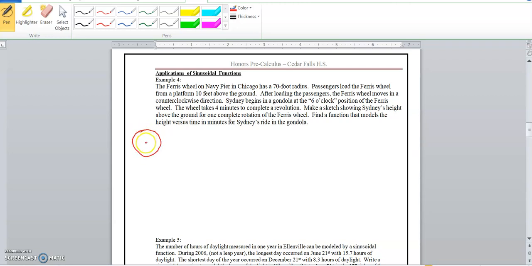Okay, this is kind of our Ferris wheel. And you know what? I better make that a little bit lower. So this distance here is 10 feet. And then the radius here is 70 and 70.